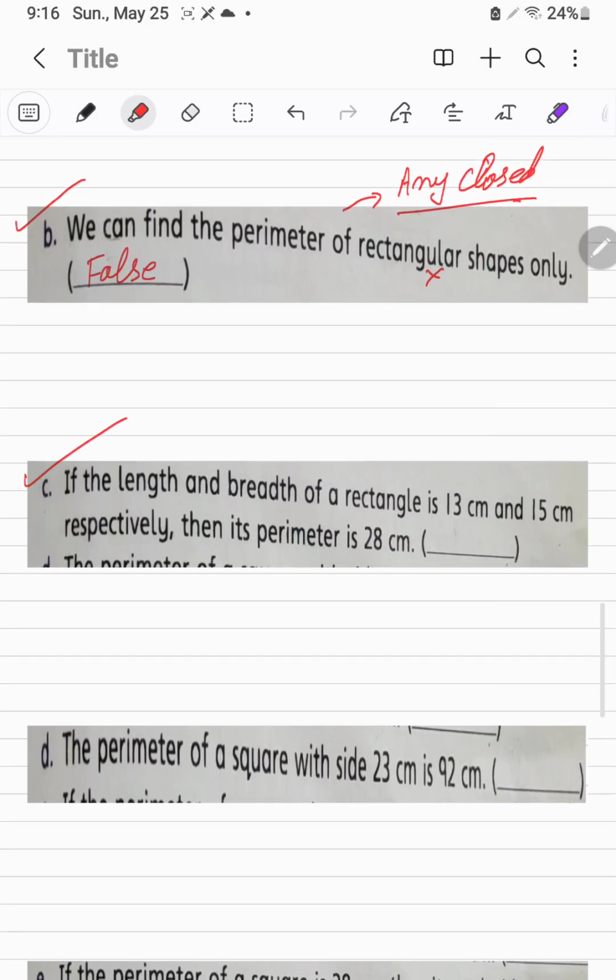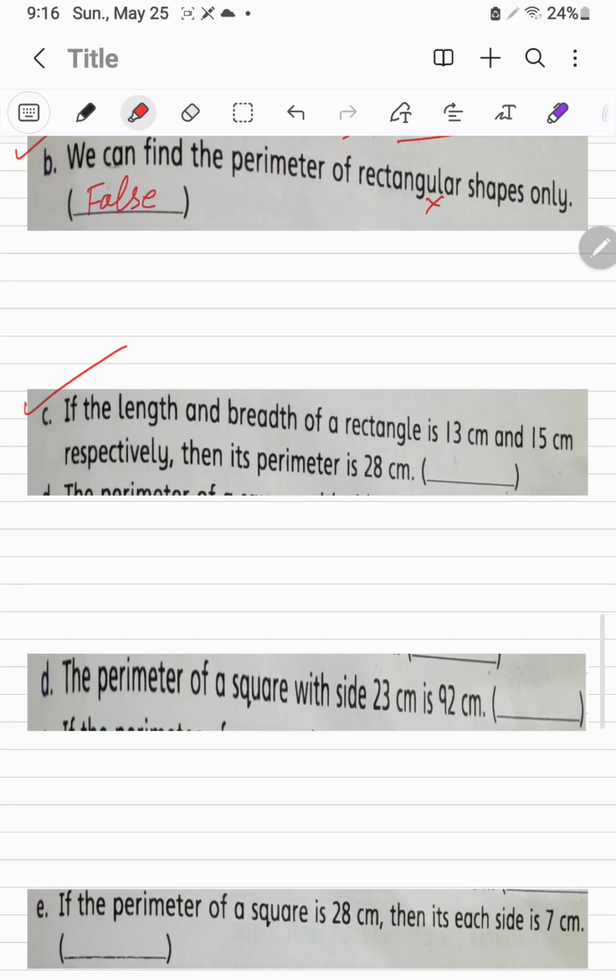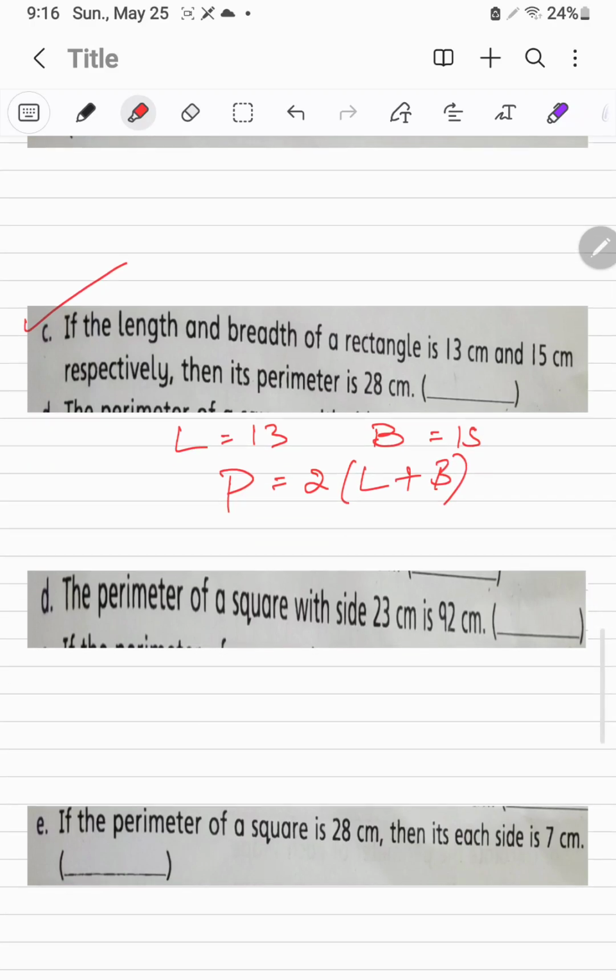Now its C part. If the length and breadth of a rectangle are 13 centimeters and 15 centimeters respectively, then its perimeter is 28. Its length is 13, its breadth is 15. The formula for the perimeter is 2 into length plus breadth.